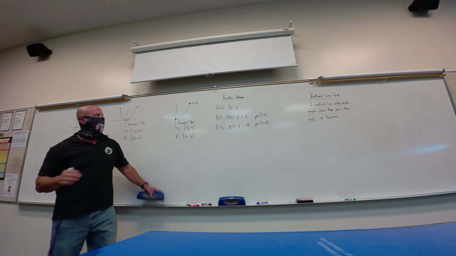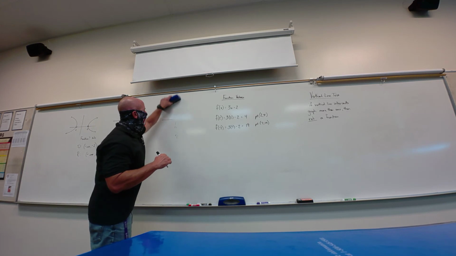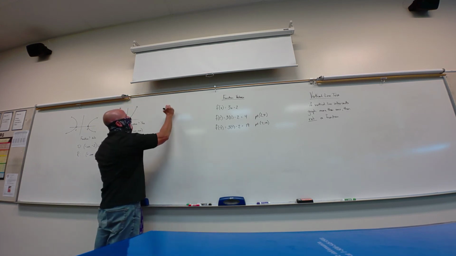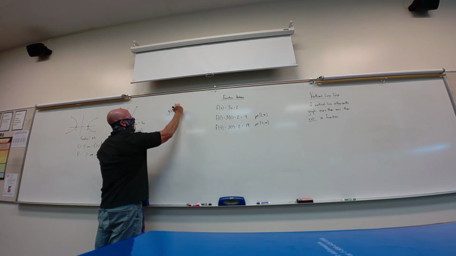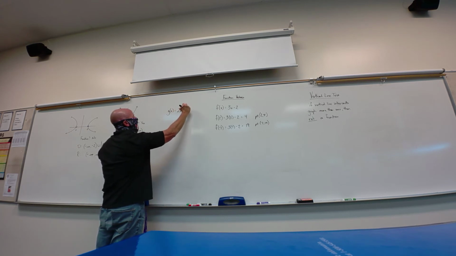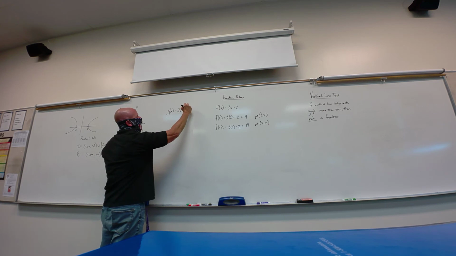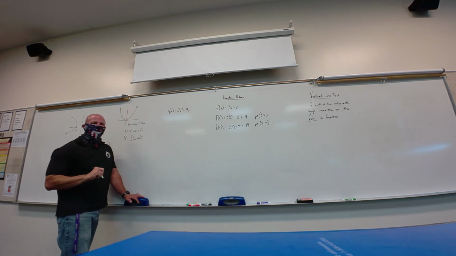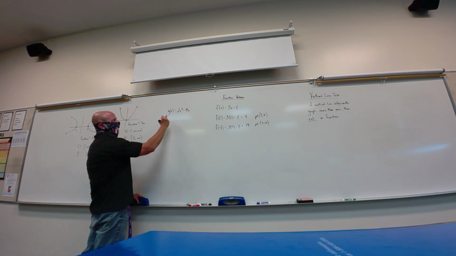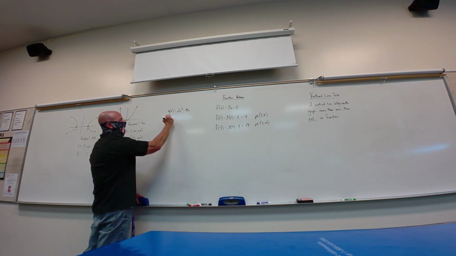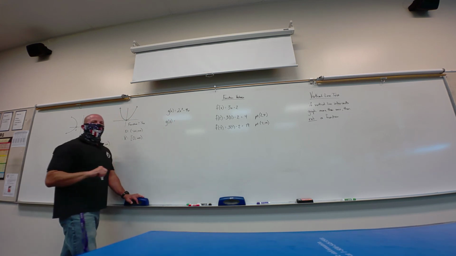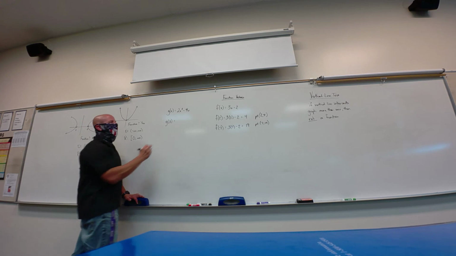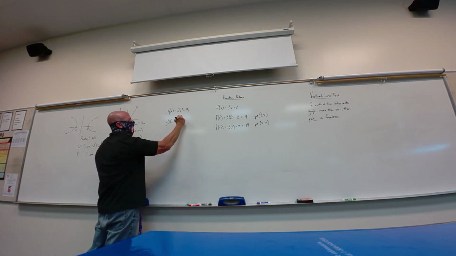If we see more than one x in there, let me give a different one here. Let's go with p of x equals, I don't know, 2x squared minus 4x. Well, if I want g of 3, 3 is going in for x: 2 times 3 squared minus 4 times 3.